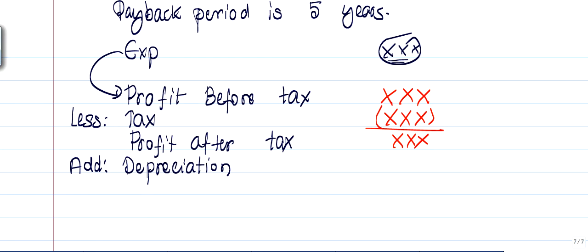But depreciation is non-cash, only a book adjustment. Depreciation is charged on the fixed asset, a reduction in the value of the fixed asset. It is not a cash outflow, it is just an expenditure. Cash has not actually gone out. So depreciation should be added back.